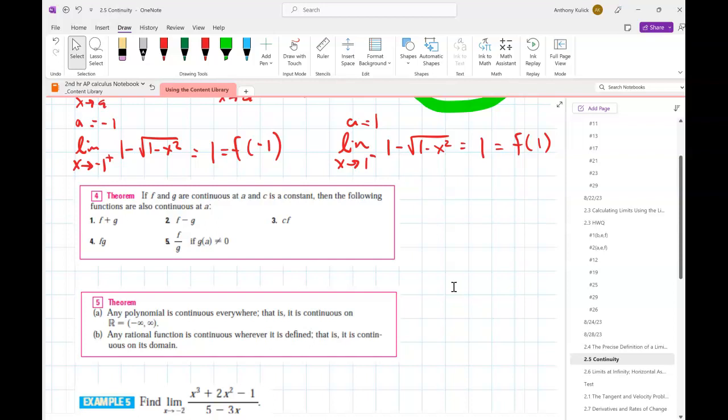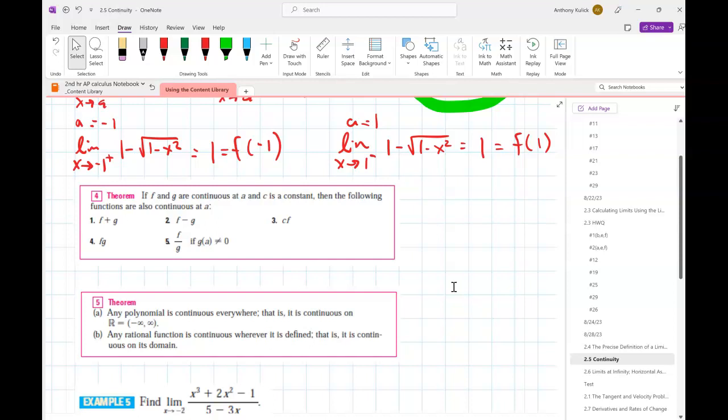Okay, part B says any rational function is continuous wherever it is defined. It is continuous on its domain. So if I take the product of two rational functions, what can I say? Continuous. It'll be continuous over the intersection of those two domains.